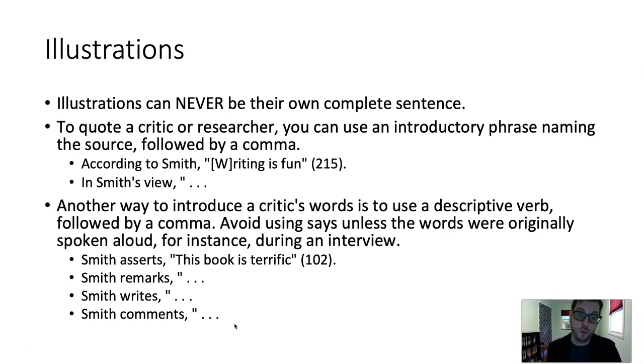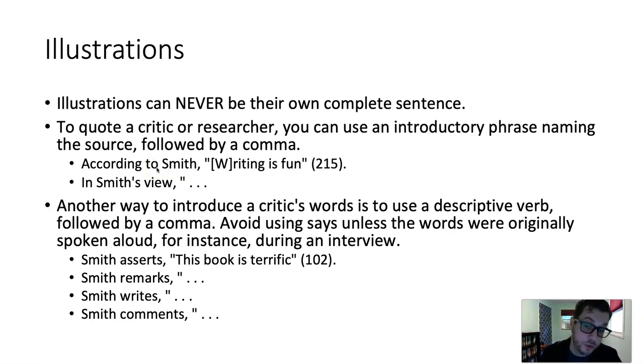So, what we want you to use is an introductory phrase that sets up the quote you are going to use. Now, this can be as basic as according to, comma, quote. Or it can be something like in Smith's view, quote. These two are the basic baseline ways, at the very least, to introduce a quotation.